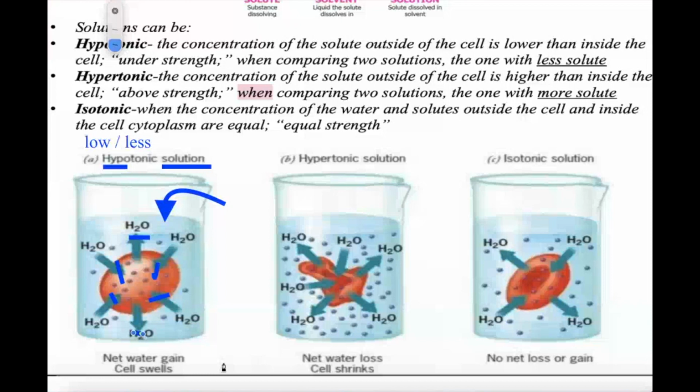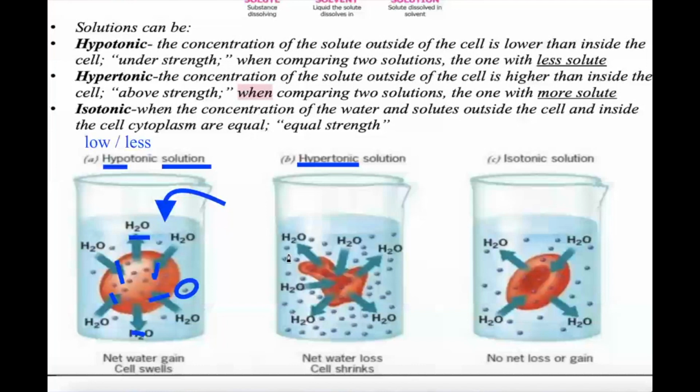In the second picture, it is hypertonic, because one more thing: what do these dots show? Molecules, very good. And these are called solute particles.